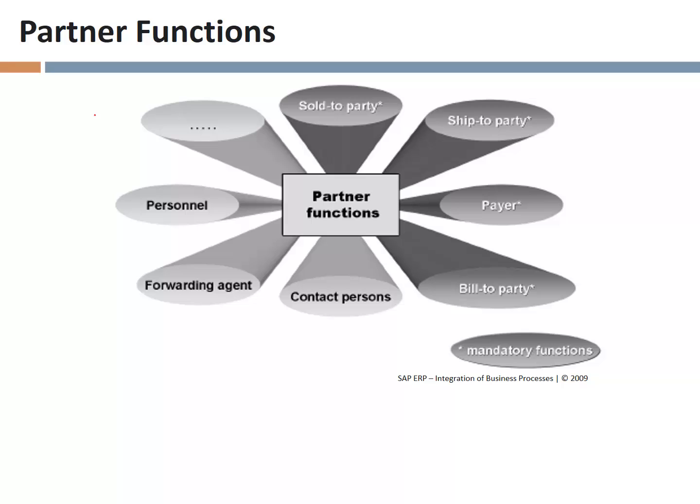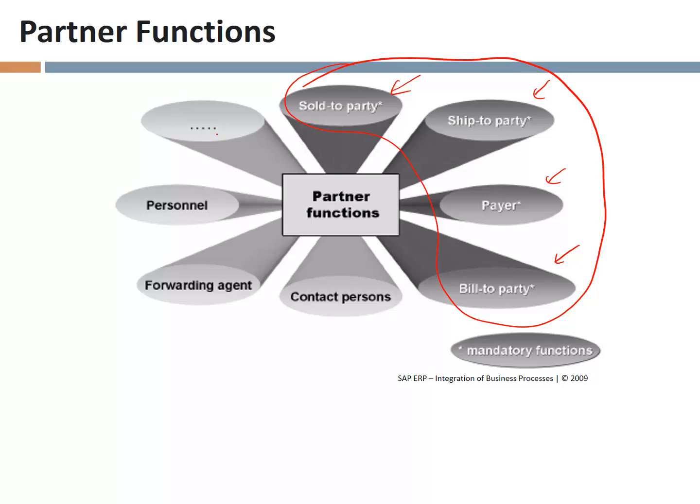And so partner functions allow us to differentiate things like sold to party, shipped to party, payer, bill to party. Notice those are mandatory. Every sale that goes out, we have to have those listed. Now, the sales that you have done for your lab have pretty much all had you fill in the sold to party, and then because nothing was set different for any of the others, that was assumed to be universal for these four.